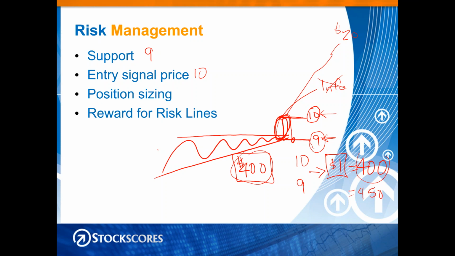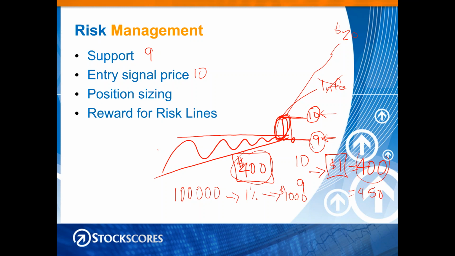Now, risk tolerance, what is that? How much are you willing to lose? If you have a $100,000 portfolio, you might say, well, based on that, I'm willing to lose 1% on any one trade, so I would be willing to risk $1,000.